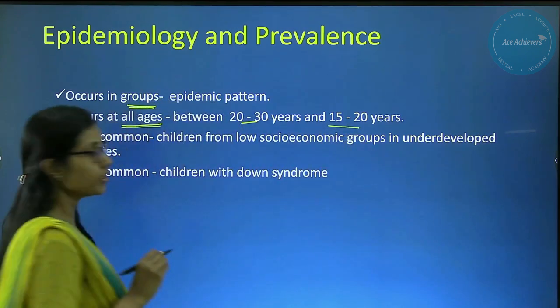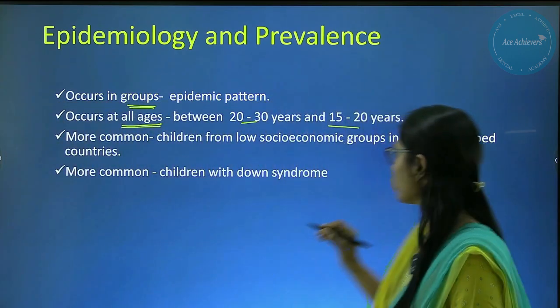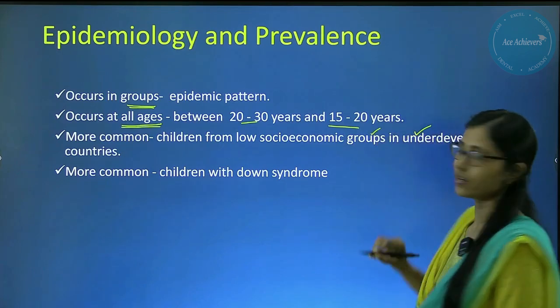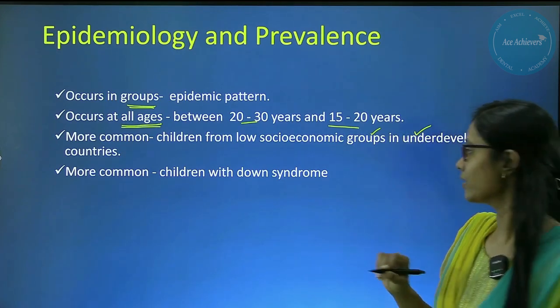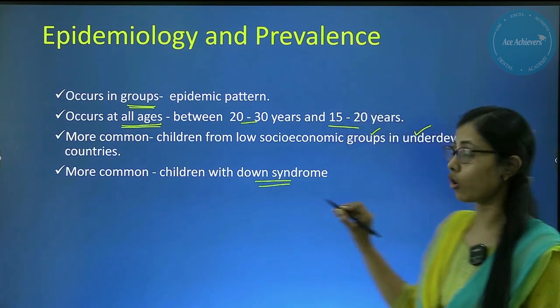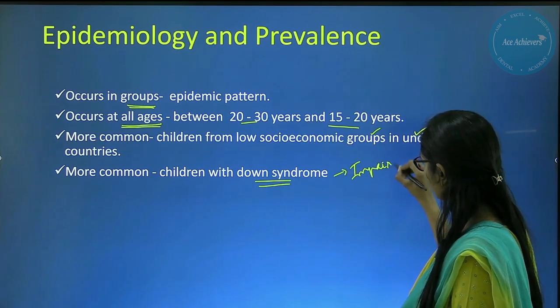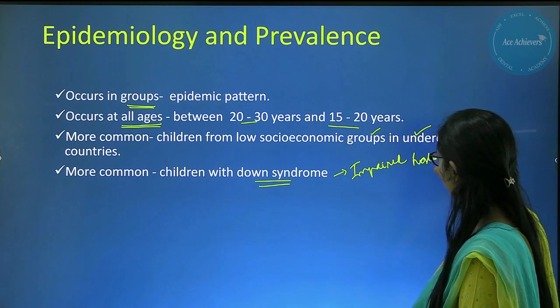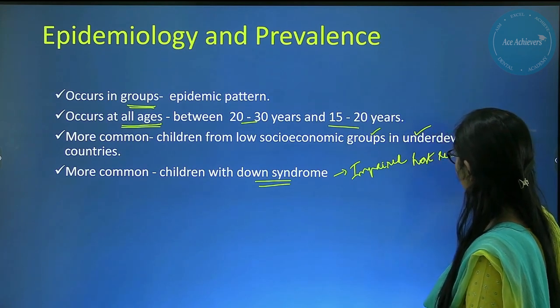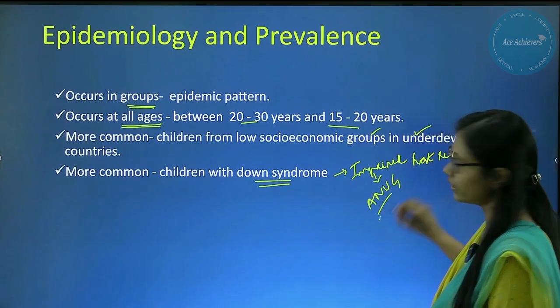It is more common in children of low socioeconomic groups, most common in underdeveloped countries, and more common in children with Down syndrome because of the impaired host response. These kids are more prone to the development of acute necrotizing ulcerative gingival lesions.